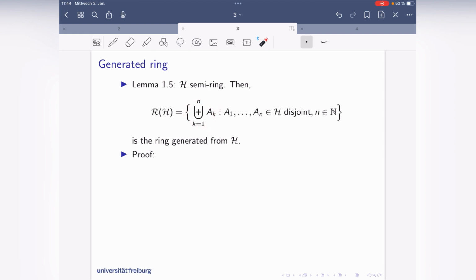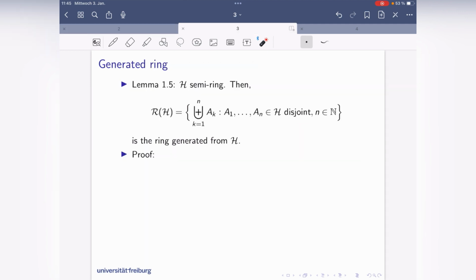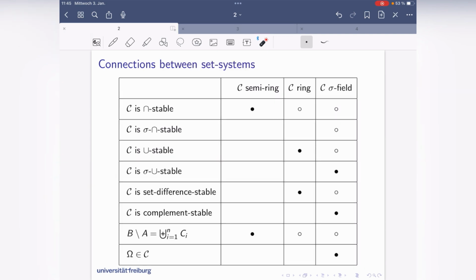So every ring which contains H has at least to contain all these things here, because we said that rings are union stable. So I have to prove that the right-hand side here is really a ring, which means I have to prove two things: union stable and set difference stable.